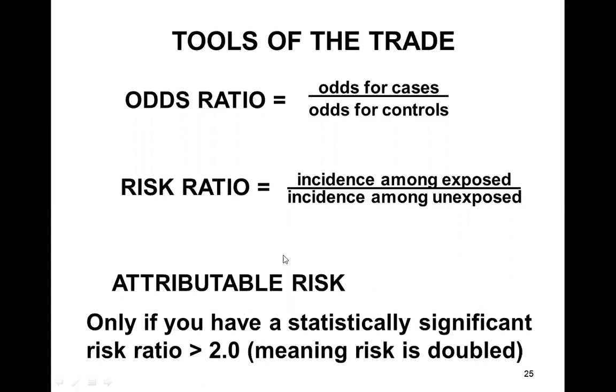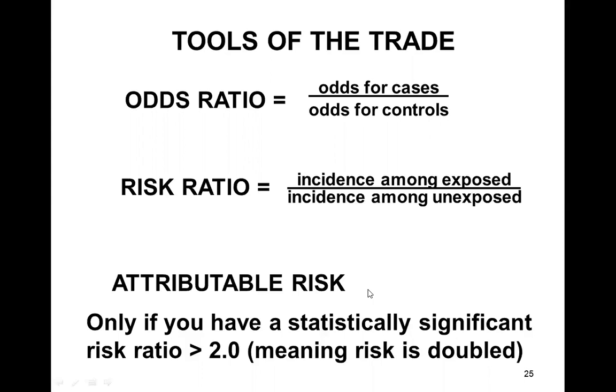But yes, whenever you're looking at a case control study, we'll talk about odds versus risk. I do want to introduce one more topic, and that is attributable risk. This is related to causation issues. So if your risk ratio is greater than 2.0, that means that your risk is doubled, and it can be attributed to the exposure if your risk ratio is statistically significant and greater than 2.